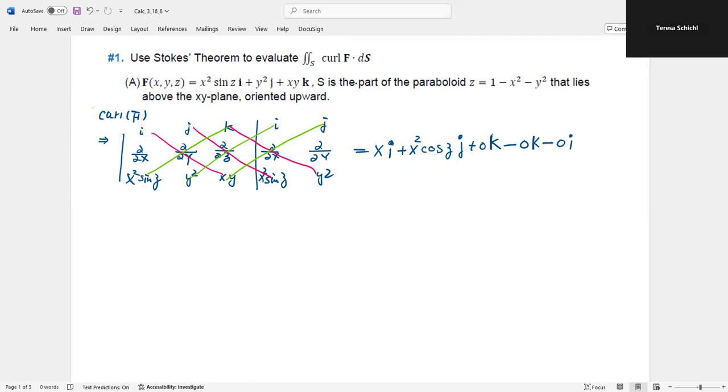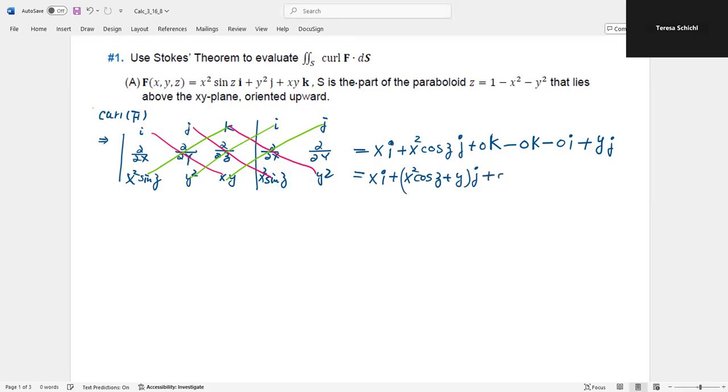Okay, then j is rho x, rho y, so I have what? Y j's here. All right, so now I combined here, I have xi, then the j's here, I have x squared cosine z plus y, the j, right?